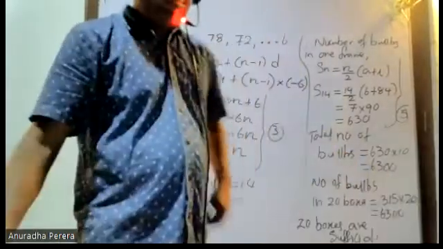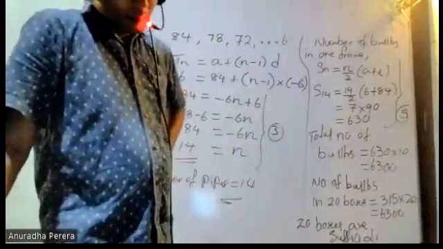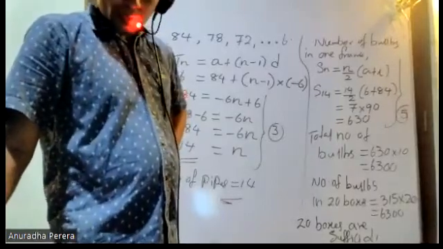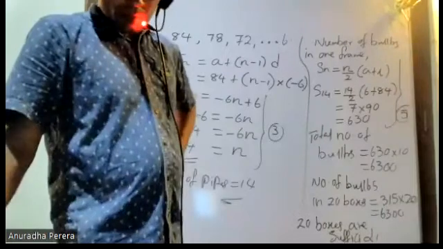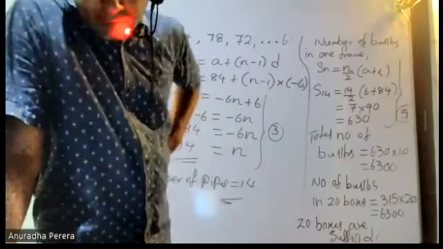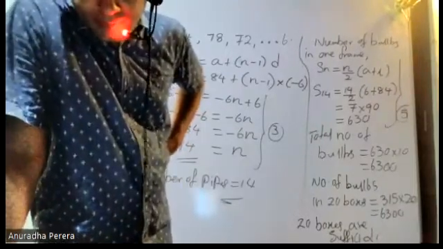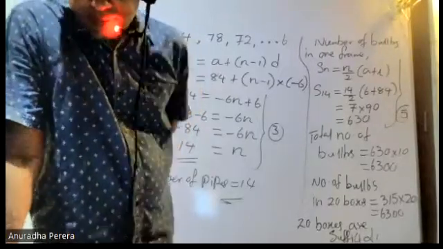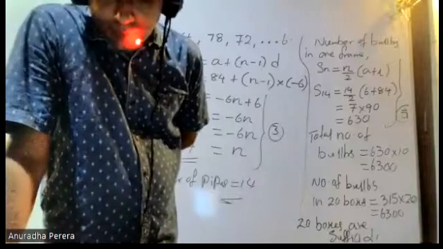Then the third one. It has been proposed to fix another pipe between every two existing pipes in each frame to fix more bulbs.